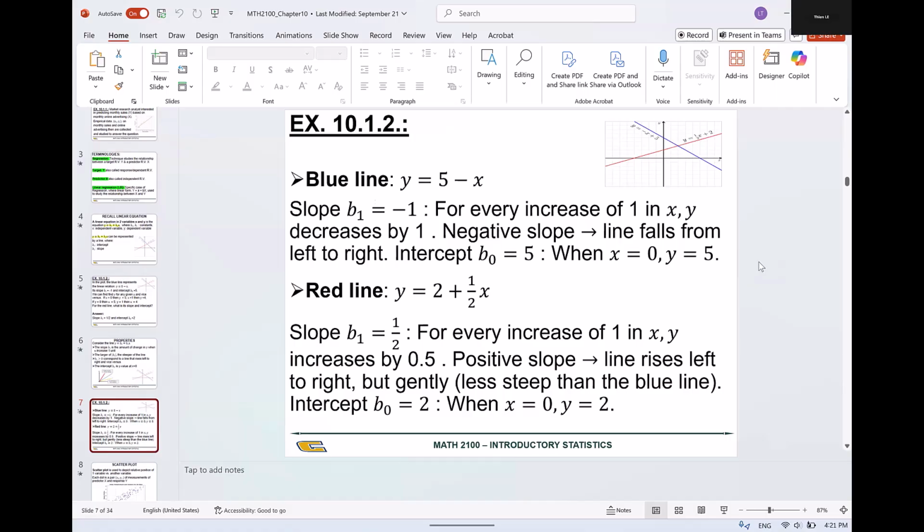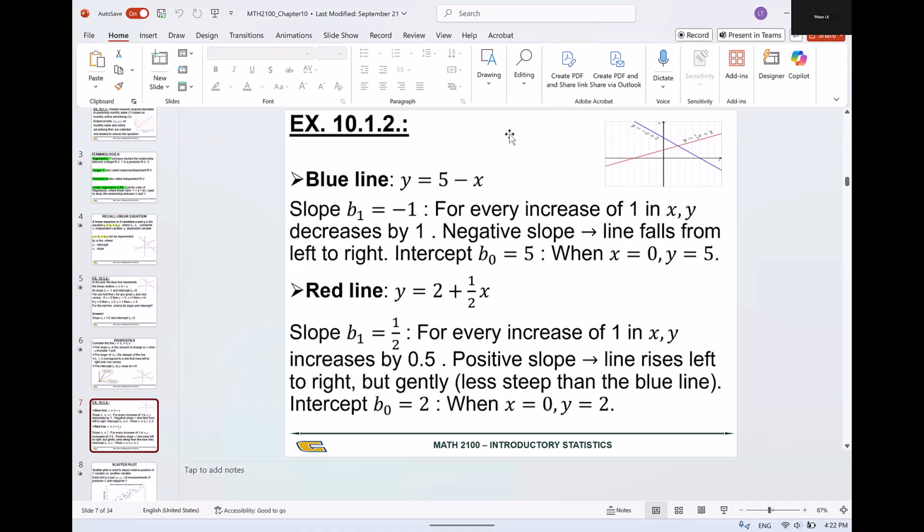So again, for the two lines we just saw, for the blue line, the slope is negative 1. The meaning of this is that if you increase x by 1 unit, y will decrease by 1 unit, and the line falls from left to right. The intercept B naught equals 5, which means when x equals 0, y equals 5.